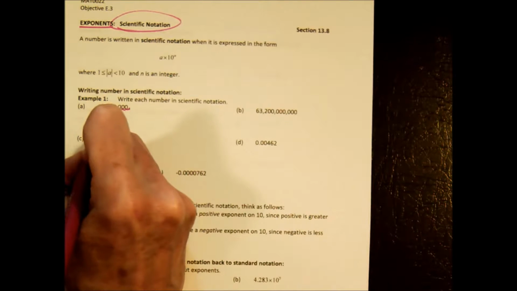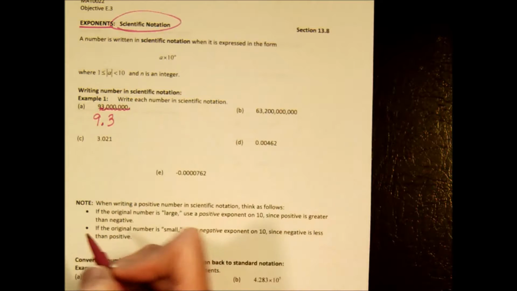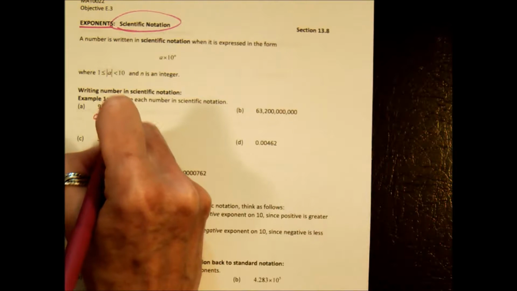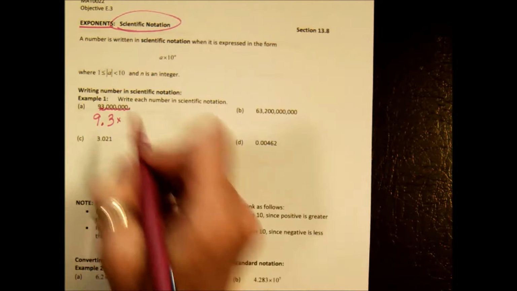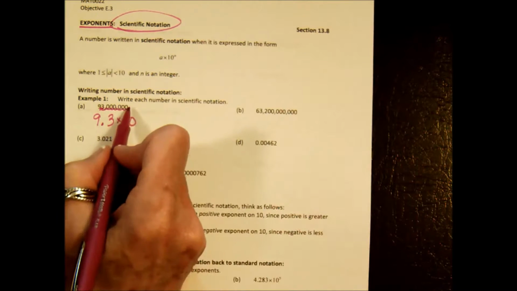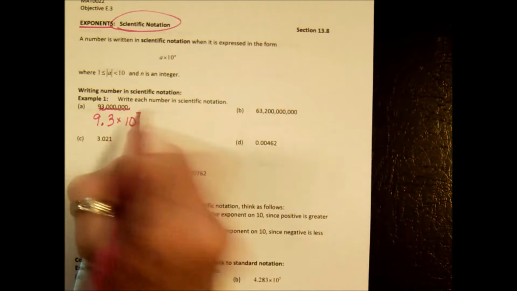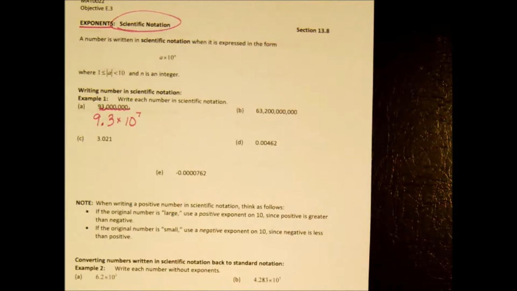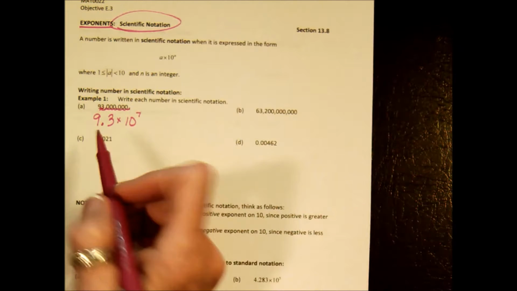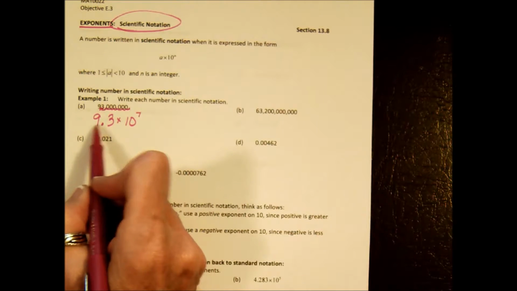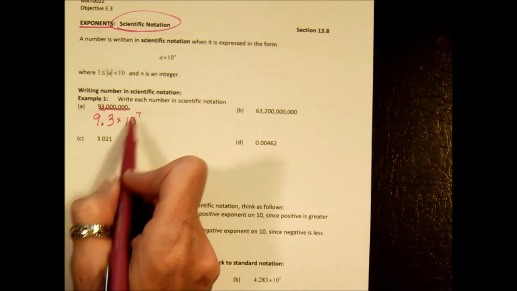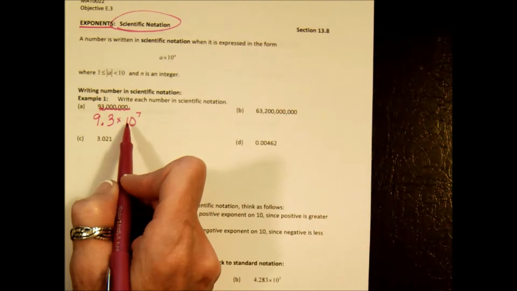And I write 9.3 times, and we actually use a times sign, 10 to the how many places did you move it? 7. That's scientific notation. Move the decimal point till there's only one digit before it and then a decimal point, and however many places you moved it, that is your exponent on a 10.